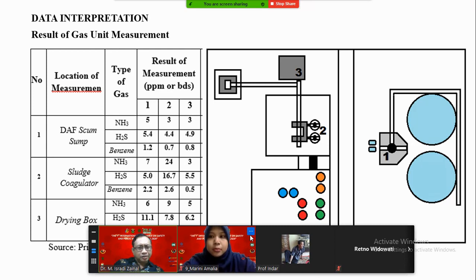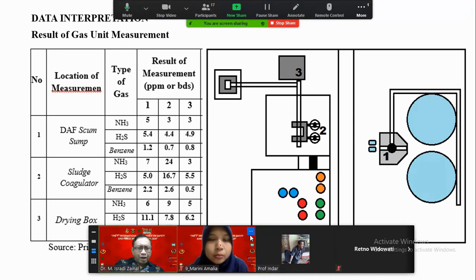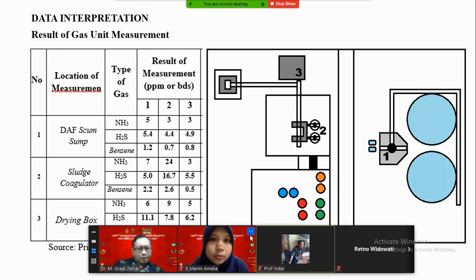For H2S in the DAP scum sump, it is 5.4, 4.4, 4.9, and benzene 1.2, 0.7, 0.8. For NH3 in this measurement, we see that it is below 25, and according to the manpower regulations the limit is 25, so it is safe for the locations.